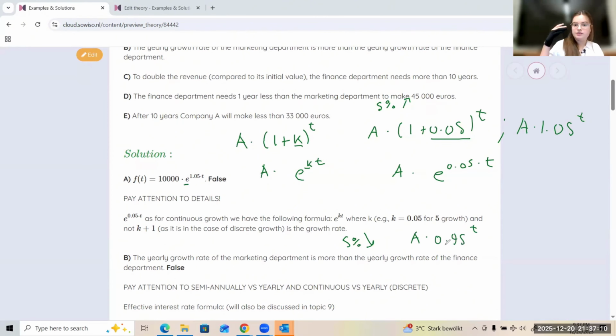And if you want a decay in a continuous function, you want to just put a minus in front, like this. So please differentiate between these two, because the correct answer would not be 1.05t, it would be 0.05t. So the initial value times the growth rate with e. So that's why knowing details and knowing the theory very well matters for the statements.